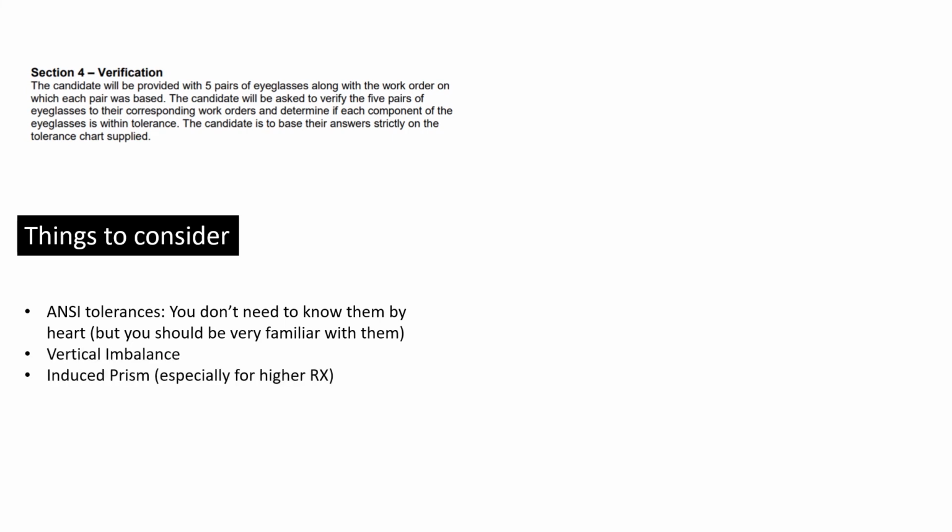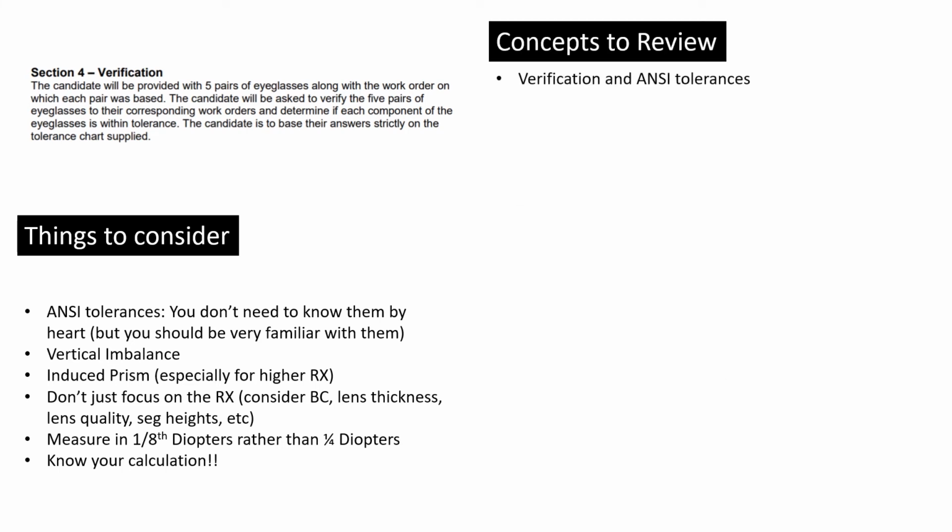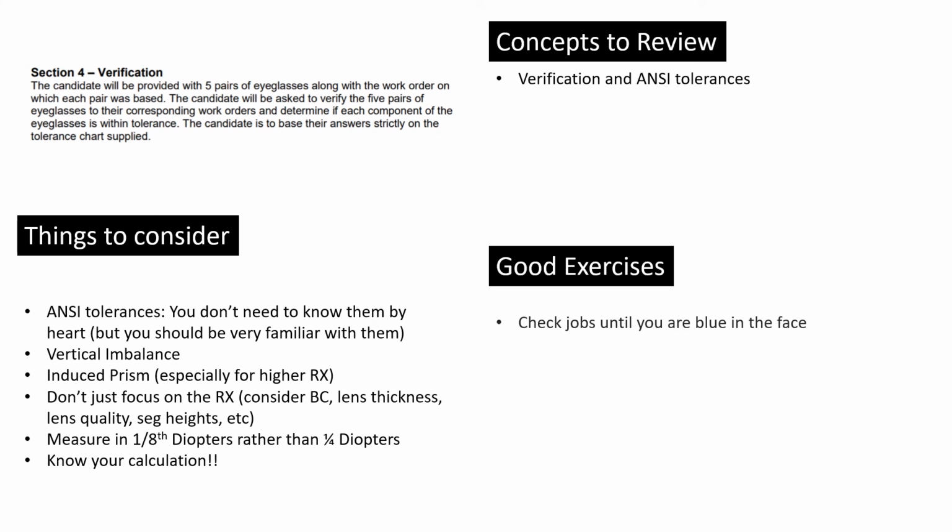Again, vertical imbalance, induced prism, the RX, everything we've talked about in section 1, measuring in eighth diopters, same idea. You want to make sure that you're doing all these things and that you're an expert at verifying jobs. And of course, same concepts to review as in section 1. Make sure that with your ANSI chart, you're an absolute expert. And a good exercise as well: check jobs until you're blue in the face, check, check, check. We have 2 sections here.